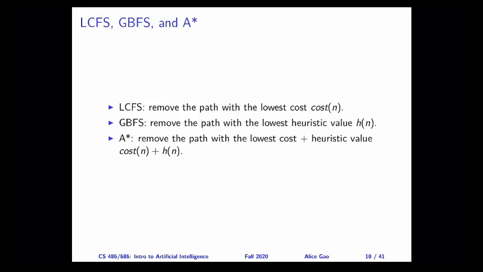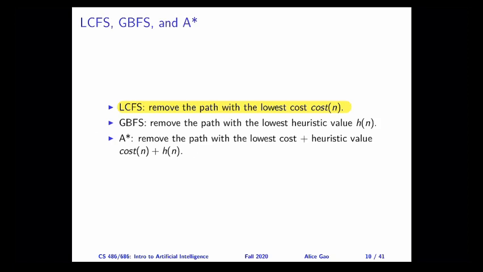For lowest cost first search, this algorithm uses only the cost function. It removes the path with the lowest cost from the frontier. In other words, it always selects the best or the cheapest path found so far.